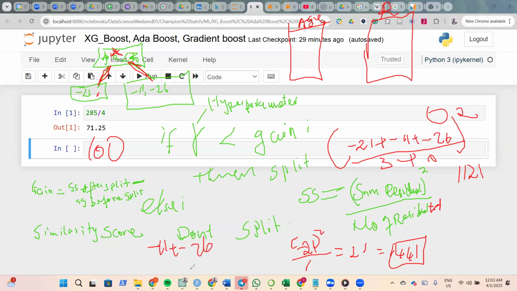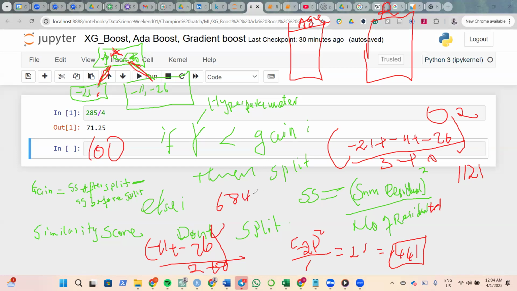So the similarity score after split will be minus 11 plus minus 26, divided by 2, because there are two residuals, plus 0 because our value of gamma is 0. If you do this, what is going to be the answer? All this squared, please. Minus 11 plus minus 26 gives you minus 37. 37 squared is 1,369, divided by 2, which is 684.